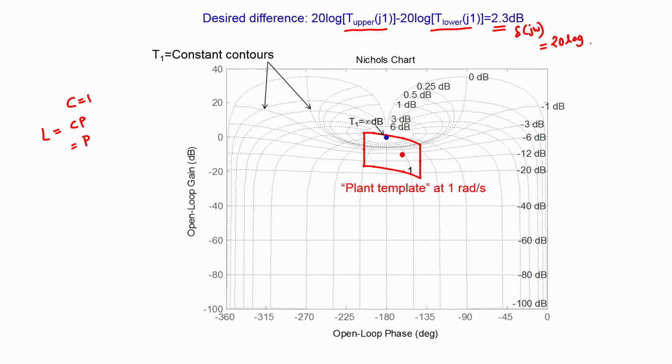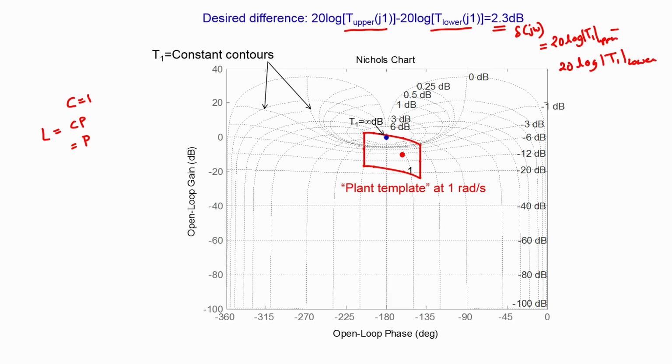Therefore, in the logarithmic scale, when we take the difference between T upper and T lower, the pre-filter terms get cancelled out and we are left with only the transmission function for the feedback control part. So, this is going to be equal to 20 log magnitude of T1 upper minus 20 log magnitude of T1 lower.